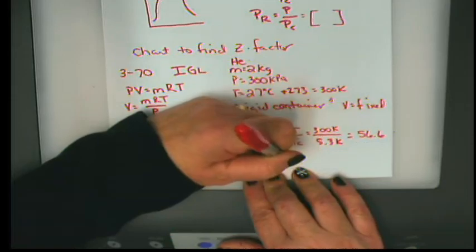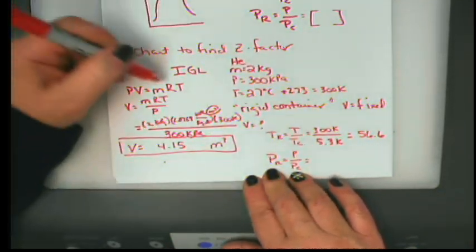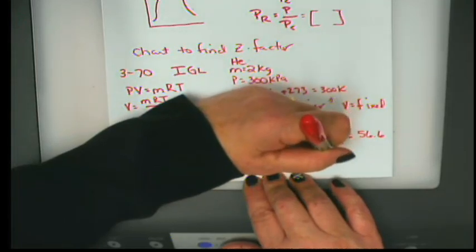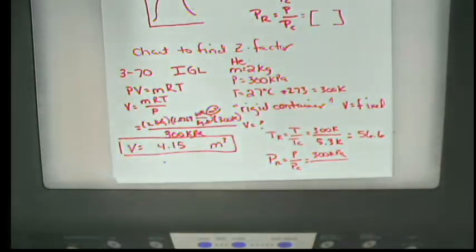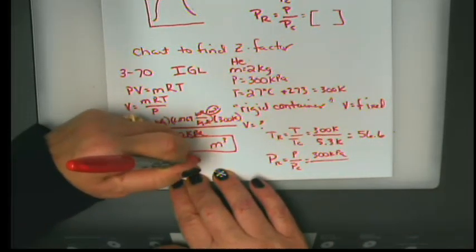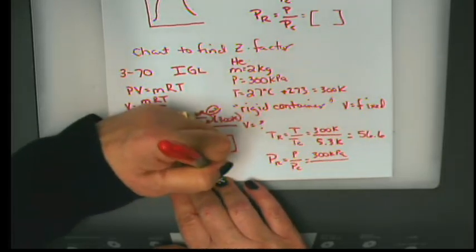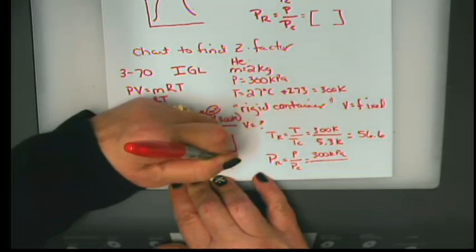P sub R is equal to pressure over critical pressure. The pressure of this gas is 300 kPa, and the critical pressure for helium is 0.23 MPa, and there is 1 MPa per 10 to the third kPa.